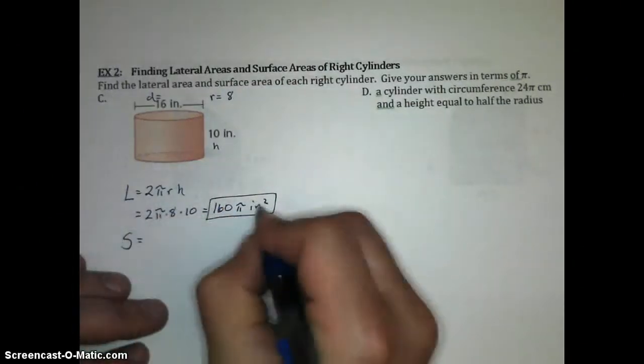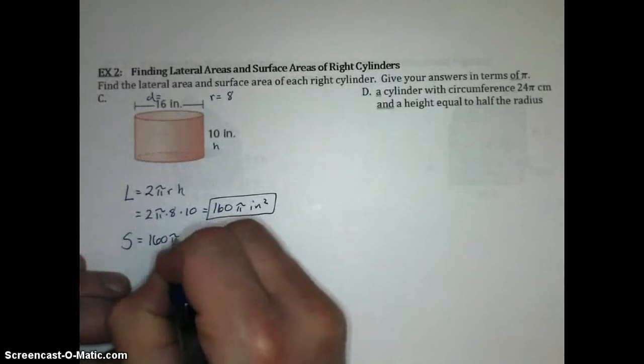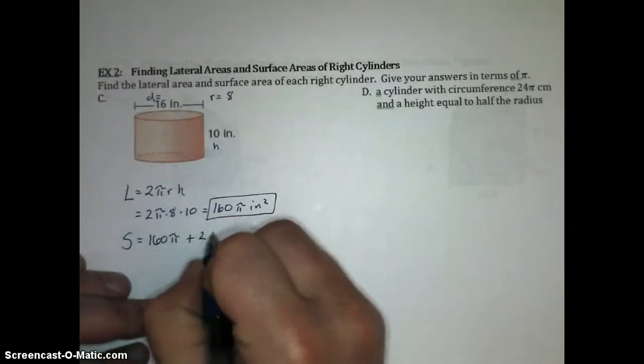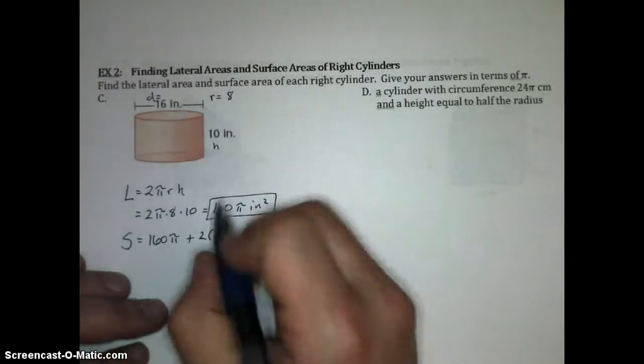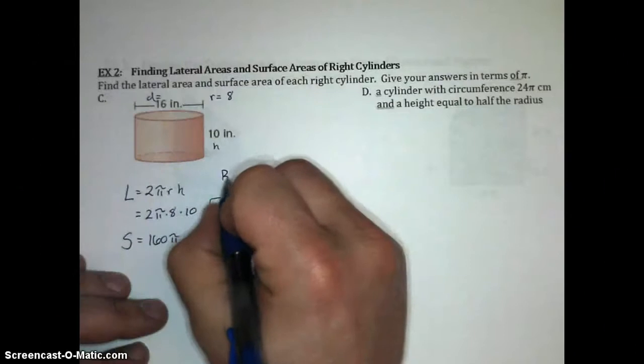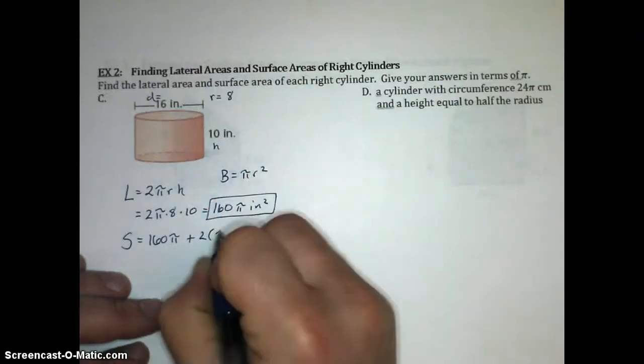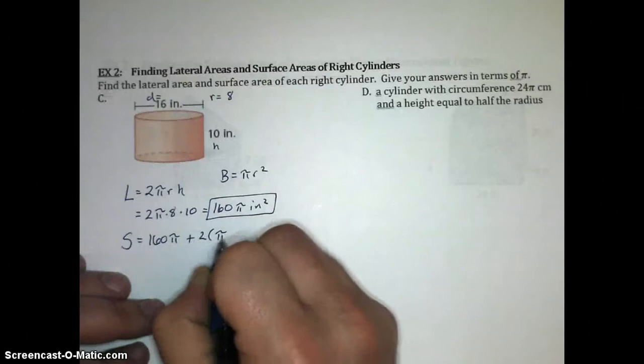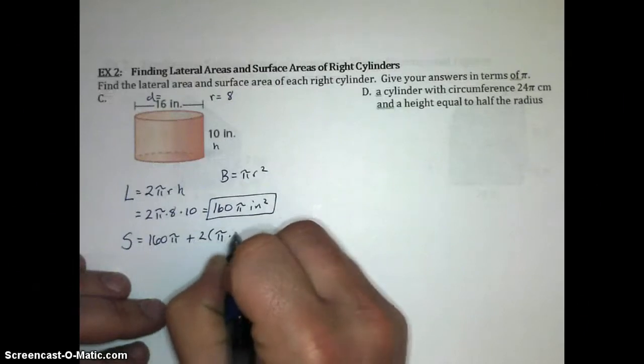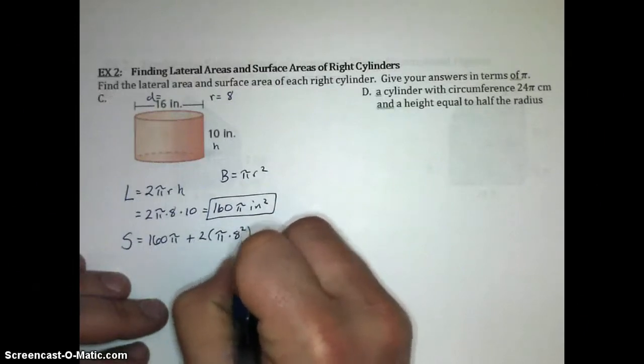Surface area takes that 160 pi. We're going to add 2 of those base areas. Well, base area, bases are circles, so that's pi r squared. So we're going to add 2 pi times the radius of 8 squared.